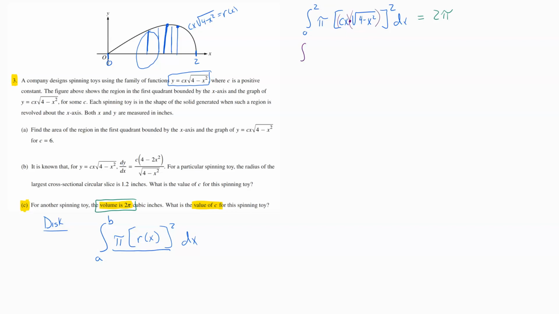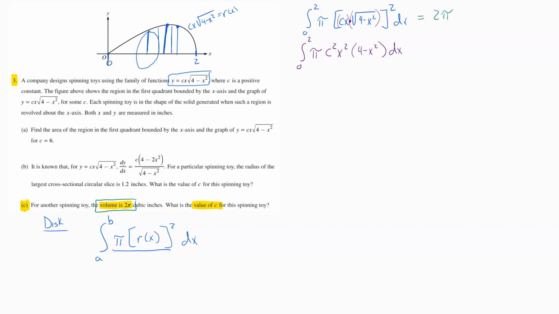So as we rewrite this, we go from 0 to 2. This will be pi, c squared, because we can square the c, and then x squared right there. And when we square our square root, it cancels out the square root and gives us 4 minus x squared, dx.